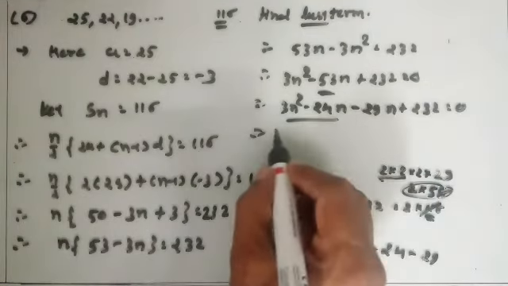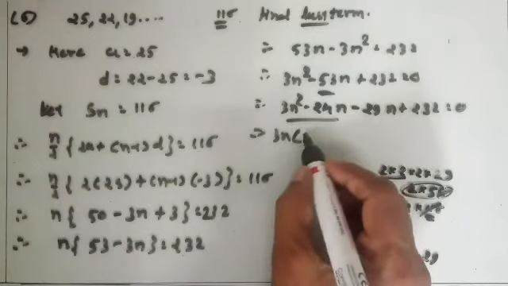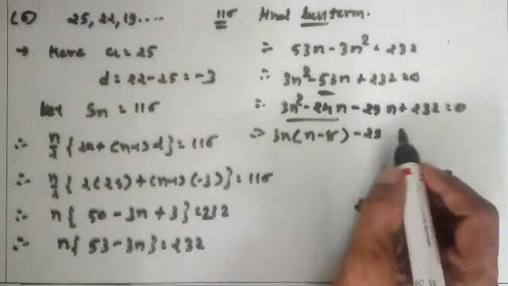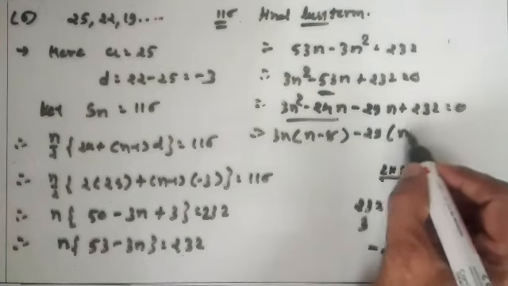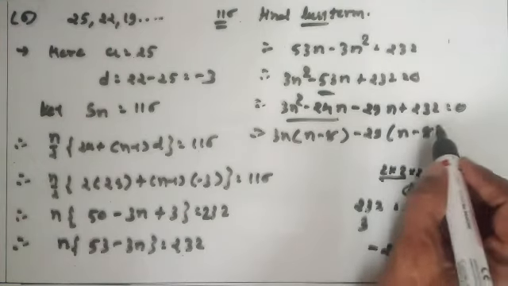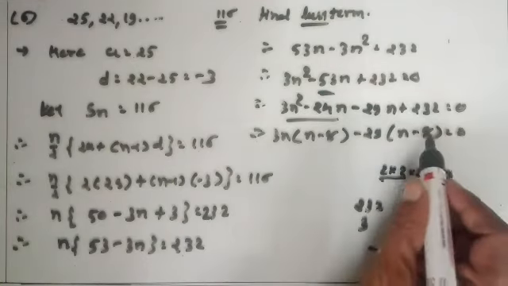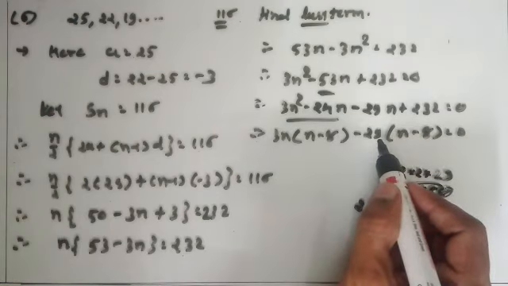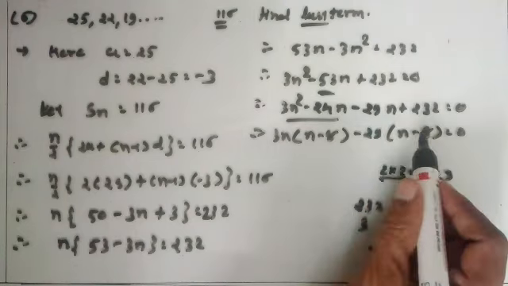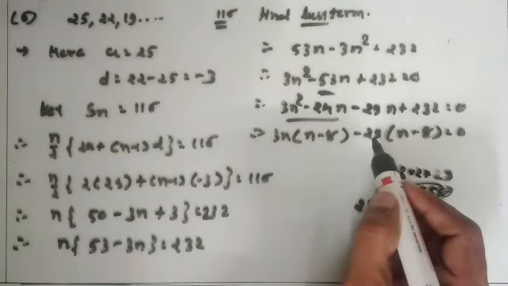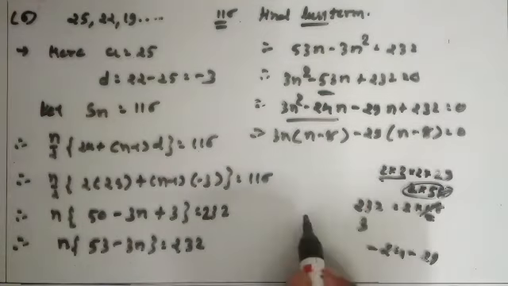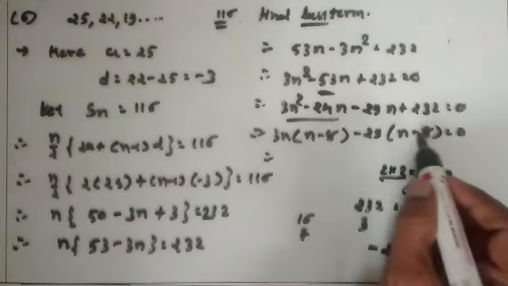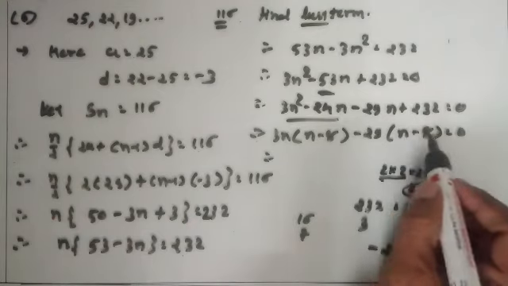Now 3n taken common from these first two terms, we get n minus 8. From the last two terms, 29 taken common, we get n minus 8 is equal to 0. 29 into 8 becomes 232. Okay, the remaining terms in a bracket become n minus 8.